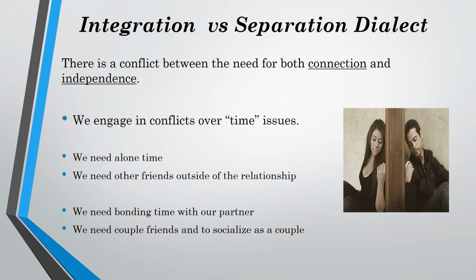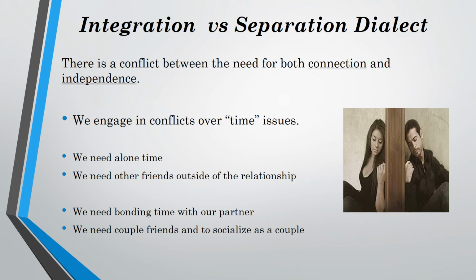So in relationships, sometimes we need to remember that we need alone time and we need other friends outside of the relationship. And there's really nothing wrong with either of those. So as much as we need to spend time and integrate with our partner, we also need some healthy separation time as well.